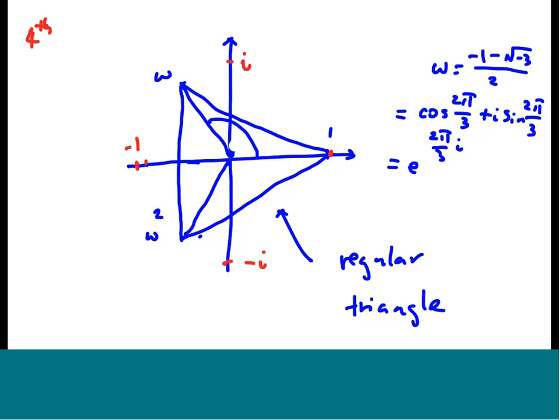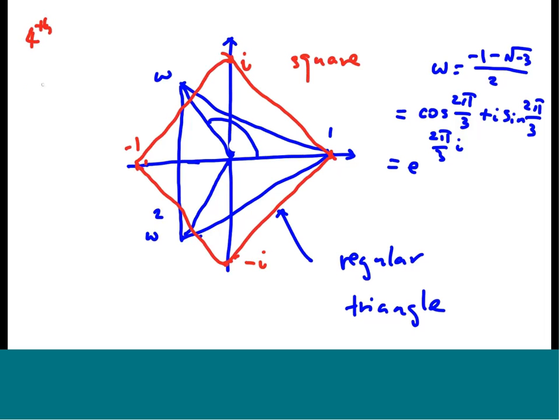This is not showing very well. So it's going to be a square. Usually for the nth roots, it's going to be just an n-sided polygon.